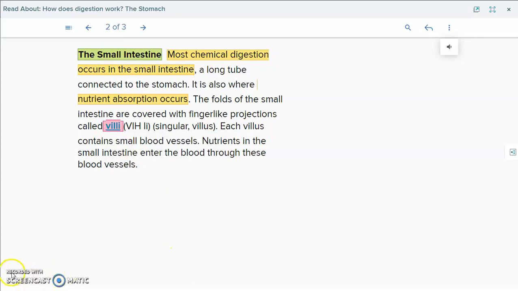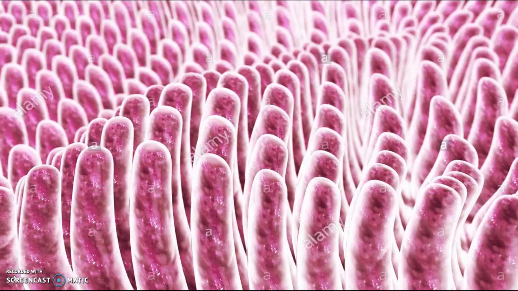I will show you the villi now. These are the villi. Inside these villi, each one of them has a blood vessel. These blood vessels are going to absorb nutrients from the food.